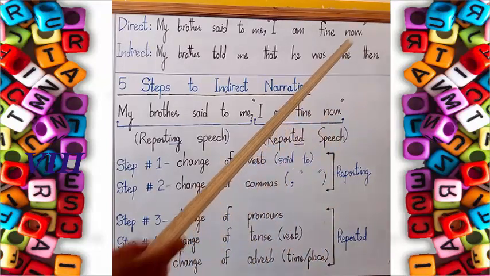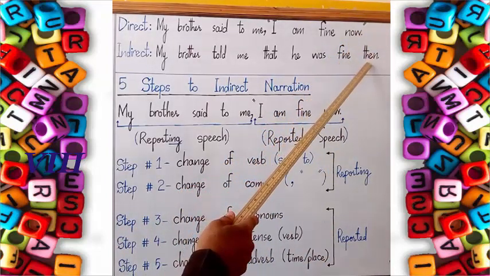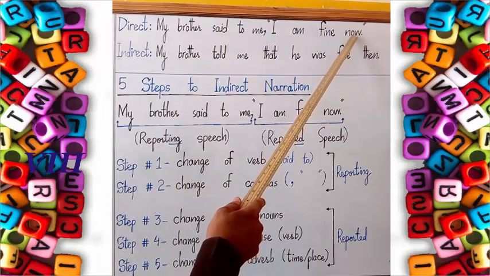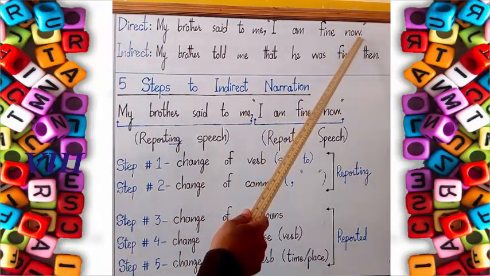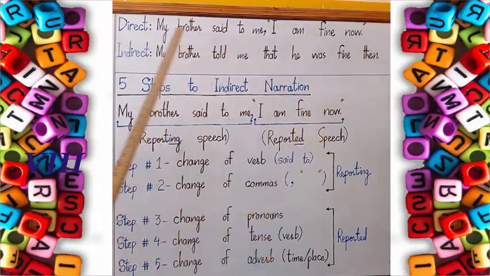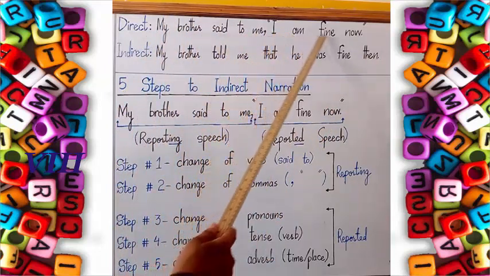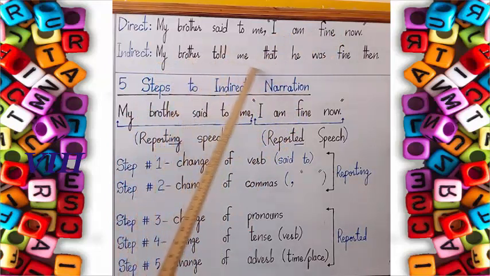For example, here we have "now," and here we have "then." In direct sentence, the adverb is "now." In indirect sentence, we changed this "now" into "then." You can look at this example again. "My brother said to me, I am fine now." All five changes have taken place in the indirect sentence here.